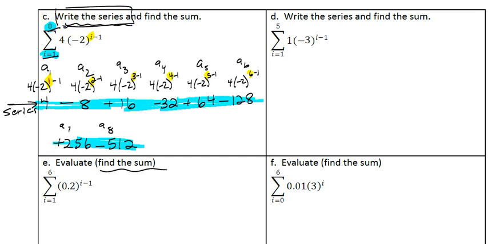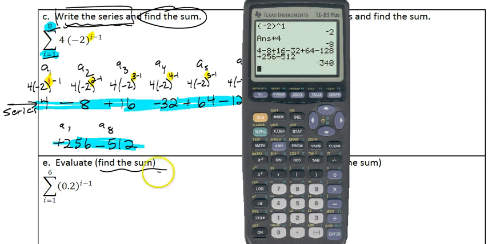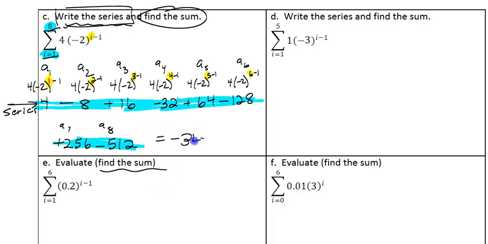Okay, what I highlighted in blue is my answer to that part of the question, and now I need to find the sum. Well, I could use the formula, but since we already found all of the terms by hand, we might as well just add them all up. So 4 minus 8 plus 16 minus 32 plus 64 minus 128 plus 256 minus 512, and I am ending up with negative 340. So the sum is negative 340.